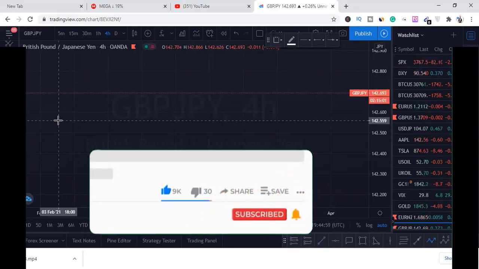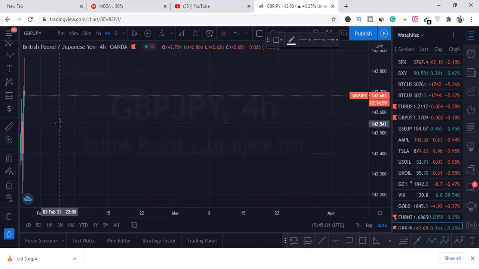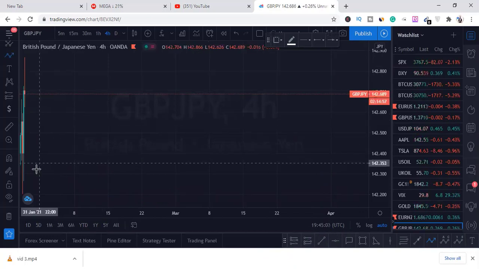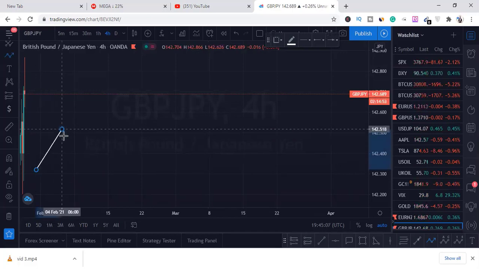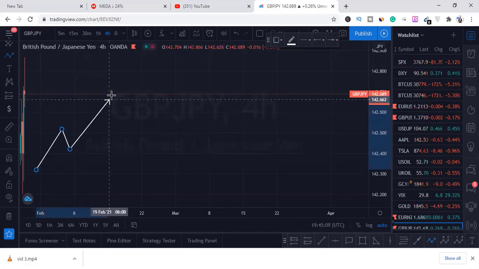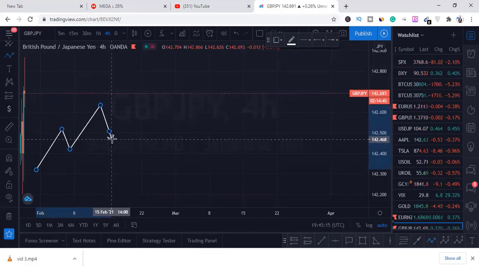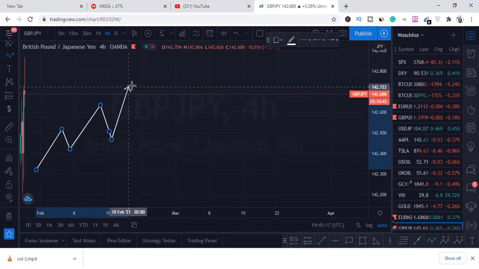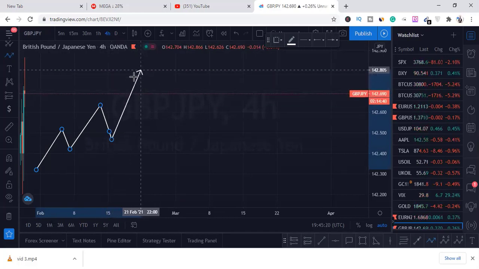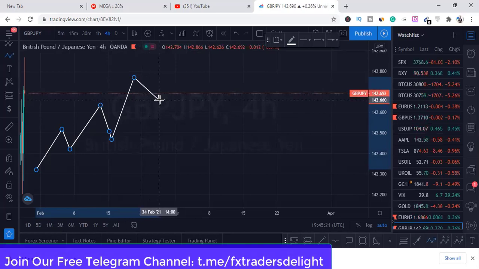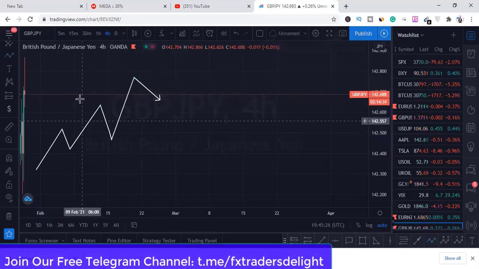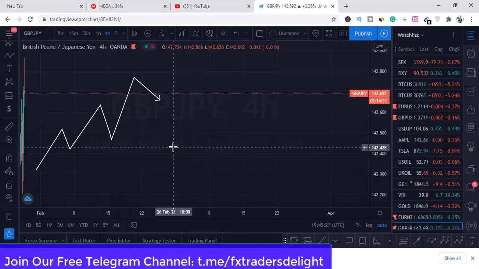Let me explain what I mean. You will agree with me that the market moves in a series of higher highs, higher lows, higher highs, higher lows, higher lows, higher highs, and higher lows. Right? You can agree with me. This is how the market moves.